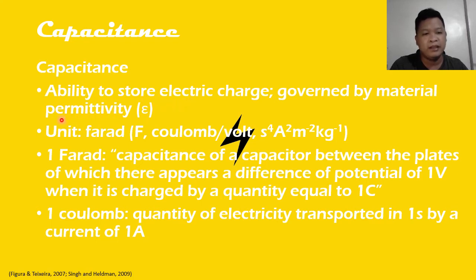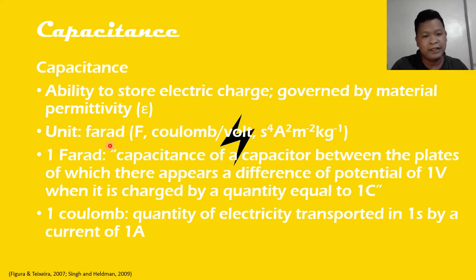Okay, and its unit is the farad or coulombs per volt, which when translated to base SI units is seconds raised to the fourth ampere squared per square meter kilogram.